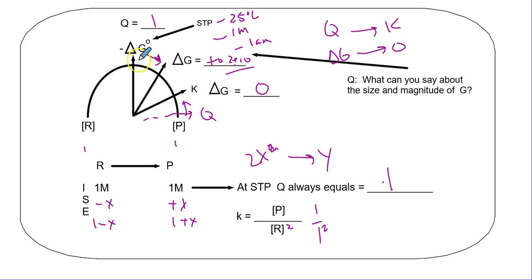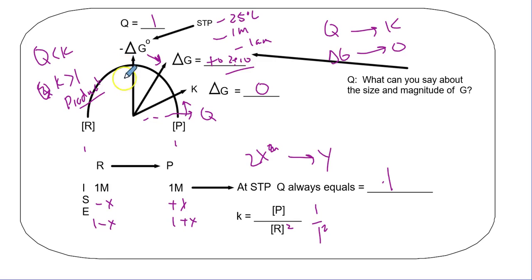In this case, Q is 1, Q was smaller than K, and Q got bigger to approach K. So on the right hand side here, if K is greater than 1, which is what it is right here, then we know we're going to be product favored. And that's kind of a big picture idea here.